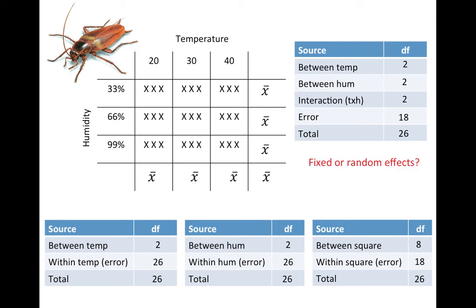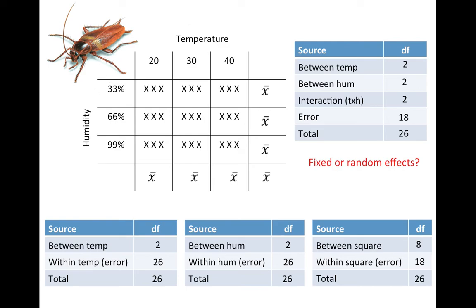When we do a two-factor ANOVA, it becomes important whether you have fixed or random effects, that is, how you view your variables. This will decide what mean square gets divided by what in order to get the F values. In a Model 1 ANOVA, fixed effects, we are interested in exactly these temperatures and these humidities, and only these.